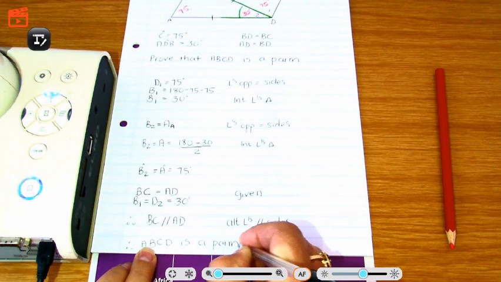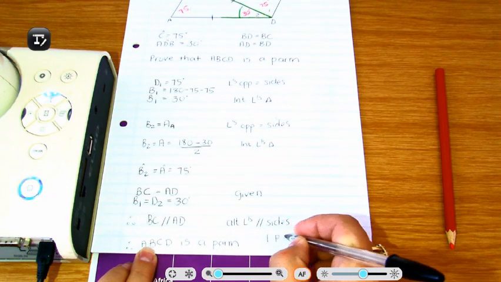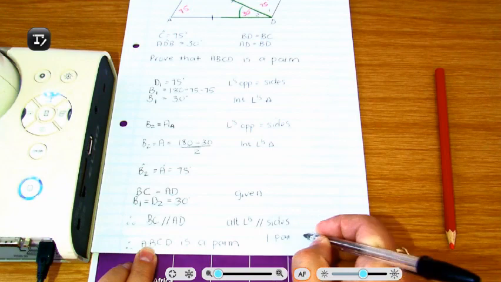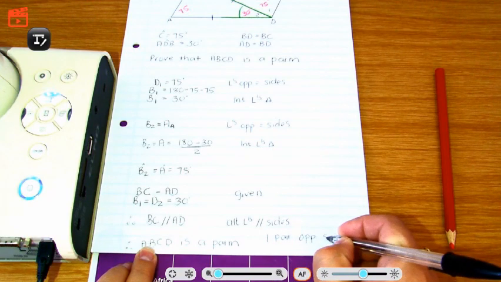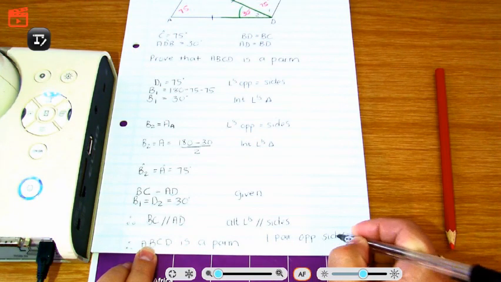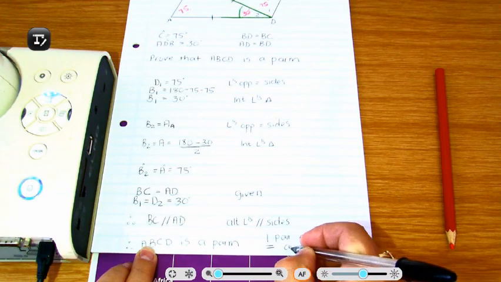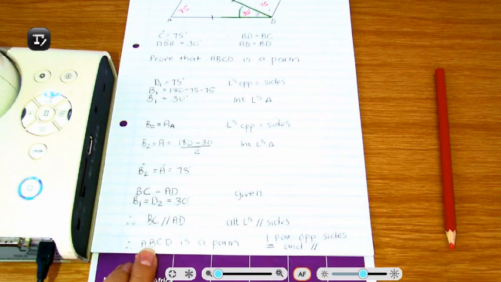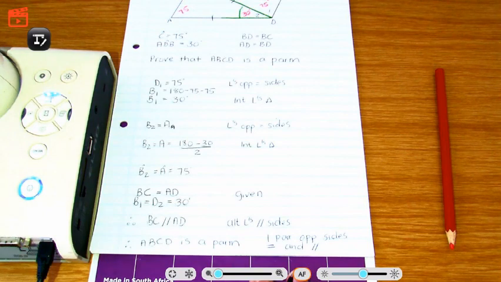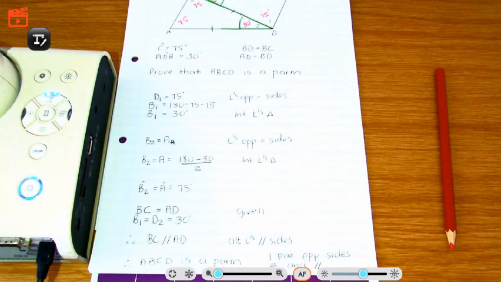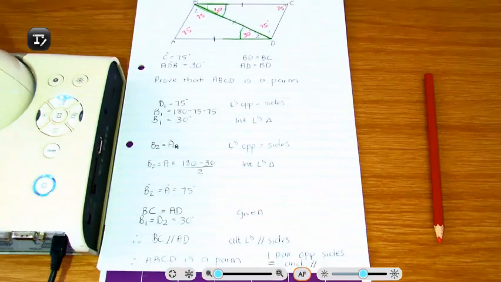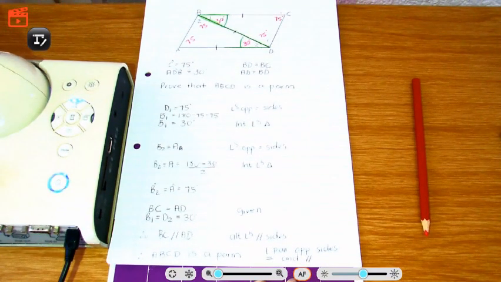And your reason would be one pair of opposite sides are both equal and parallel. Okay, so there's the whole screen with the whole example on it.